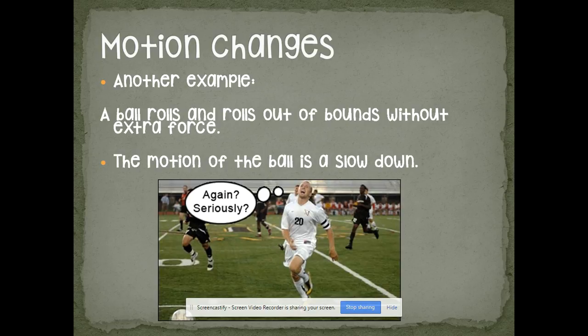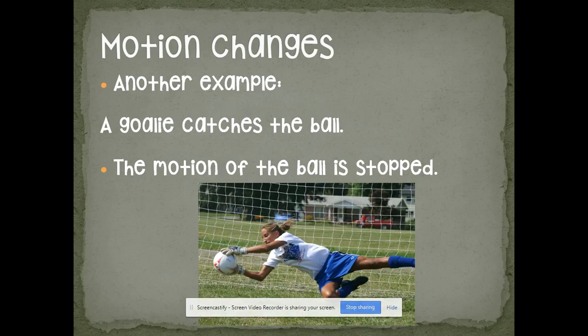There's no force being applied to it to make it speed back up. And therefore, without force, your speed's going to decrease. It's kind of like when you take your foot off the gas pedal while driving a car, and your car starts to slow down because you're not giving it any gas to make it move forward. So when a ball has no force, it is going to slow down.